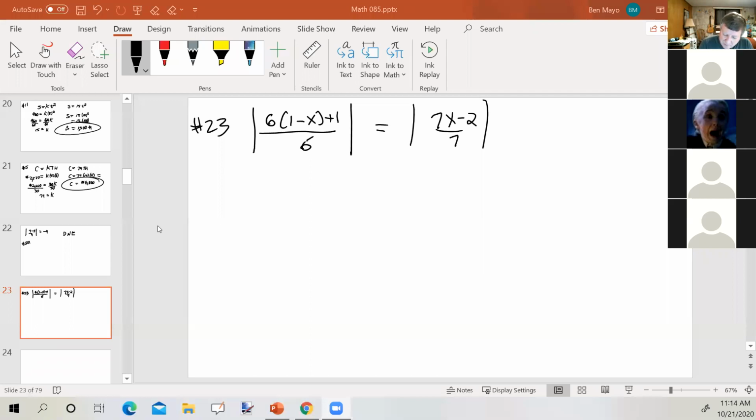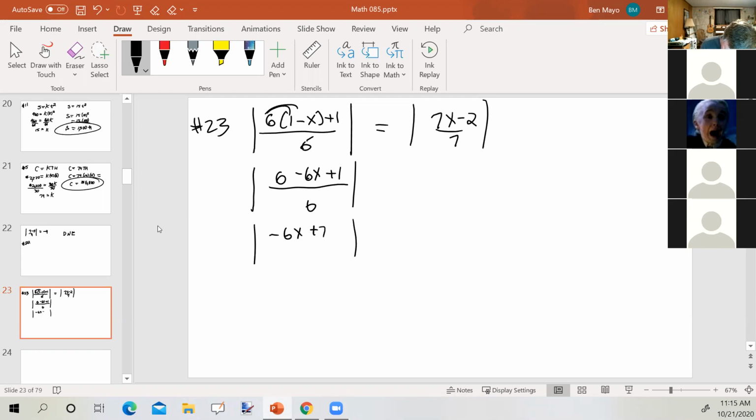First thing I'm going to do is simplify inside the left absolute value. So I'm going to get 6 minus 6x plus 1, which becomes -6x plus 7 all over 6 equals 7x minus 2 all over 7, again in absolute value bars.